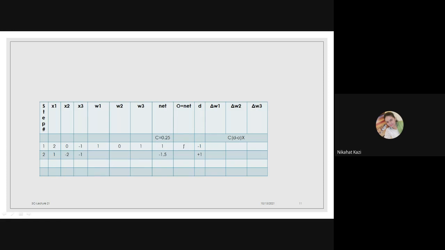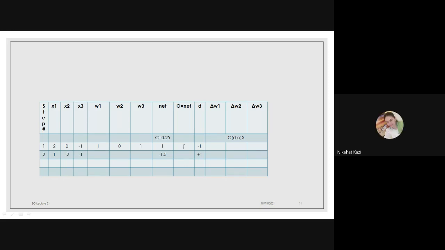Nikki, are you there? Parth, Ravesh, Rajat.